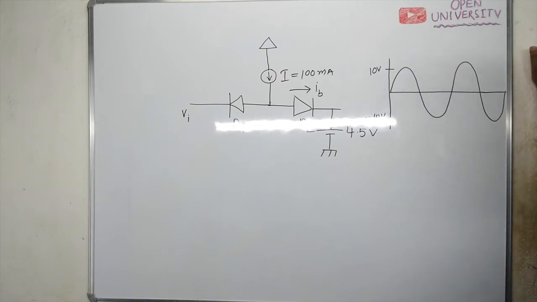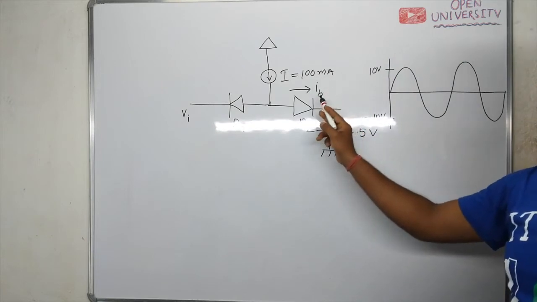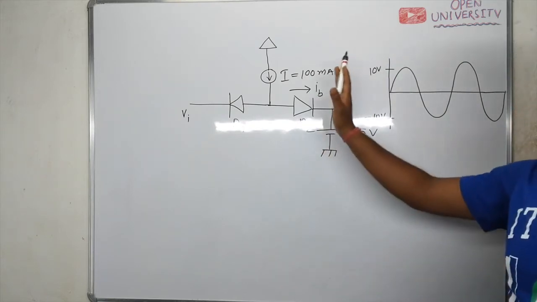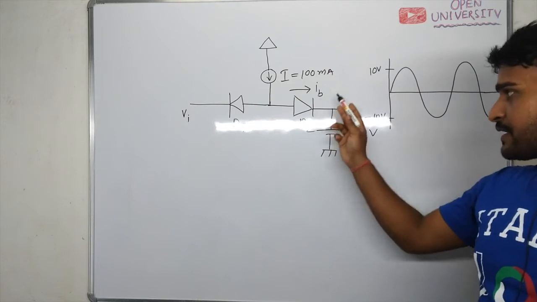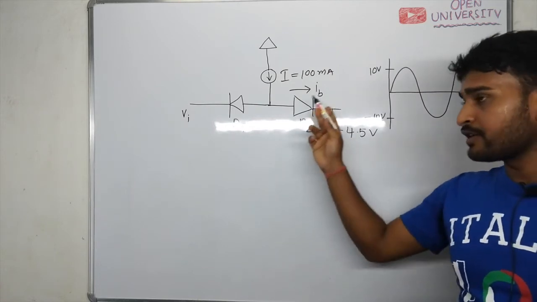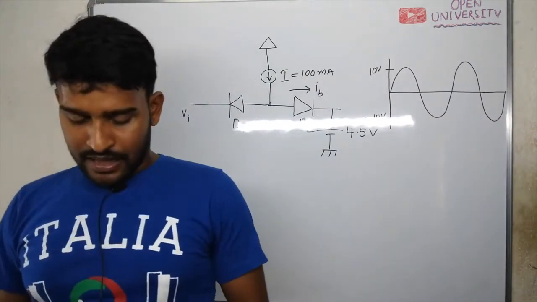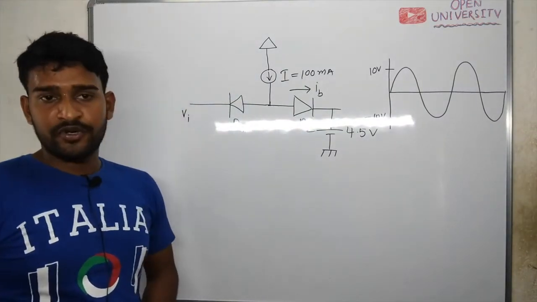Now we need to understand what is the average current through D2. First calculate what is the instantaneous current IB, the instantaneous value of this IB through D2. Then calculate the average value of this instantaneous current to get the average current through D2.